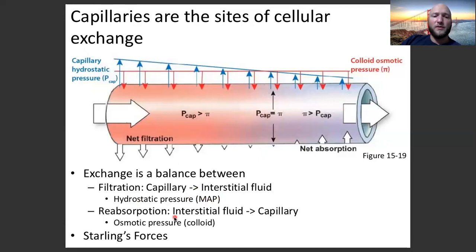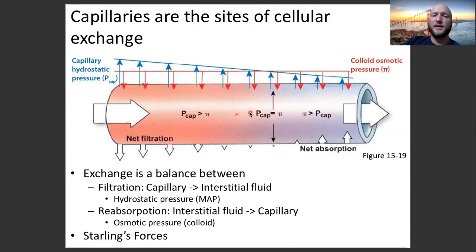And then we also have the colloid osmotic pressure of the interstitial fluid, pulling material out of the capillaries. Then we have the hydrostatic pressure of the interstitial fluid, pushing fluid back into the capillary. And we also have the osmotic pressure of the blood, pulling things back into the bloodstream.